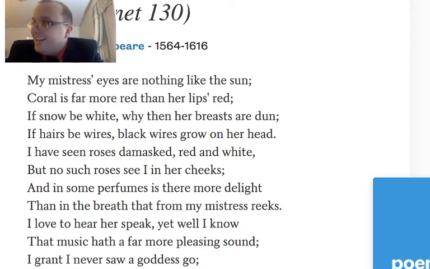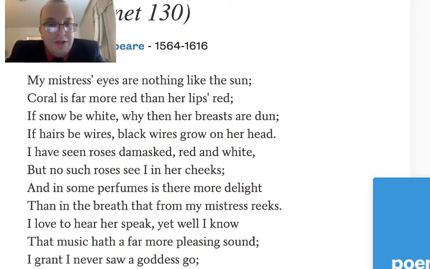So, the ladies, I don't know if you would find this to be flattering or an insult, right? But he says, compared to the woman in Sonnet 18, who's so beautiful and so radiant, here we have a plain Jane, right?